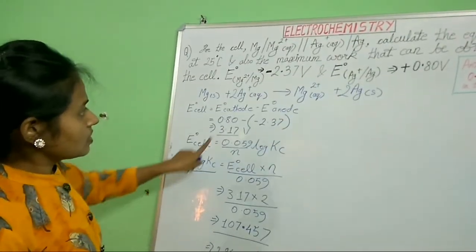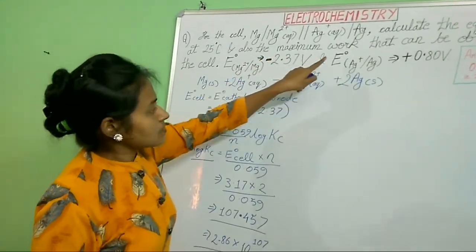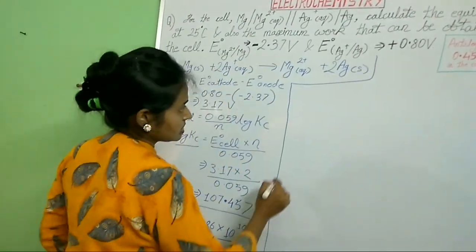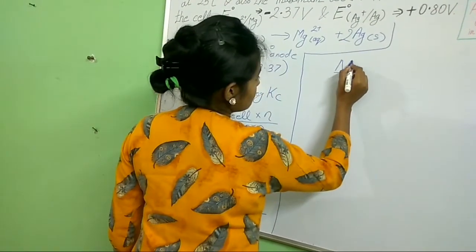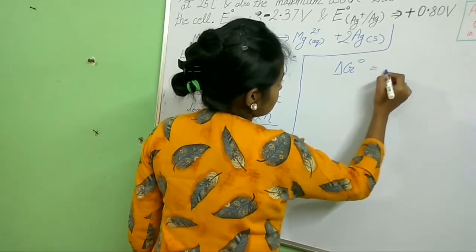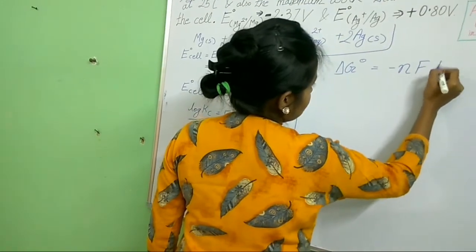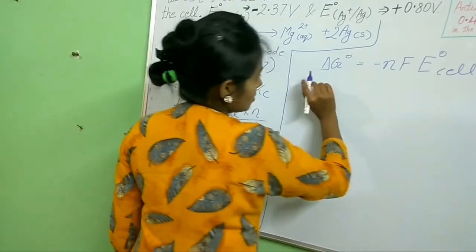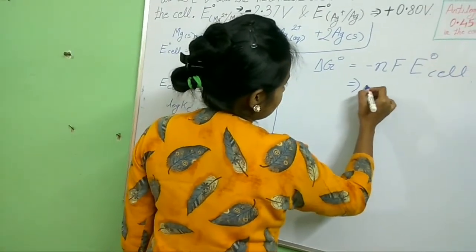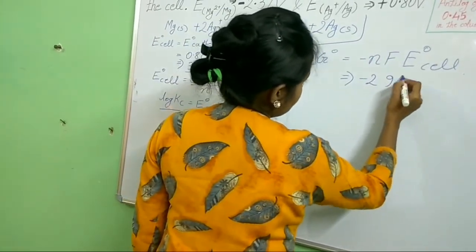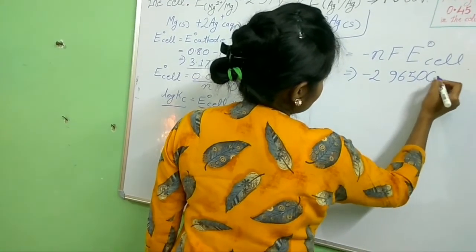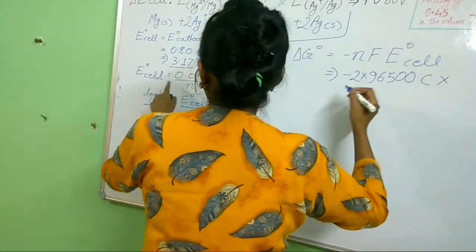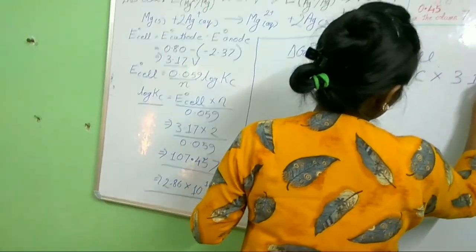Now, what is the next part asked here? And also the maximum work. So we have to find the maximum work. Maximum work means delta G naught equal to minus nFE naught cell. What are the electrons involved? 2. 1 Faraday means 96500 Coulomb, into the E naught cell we have found out, 3.17 volt.